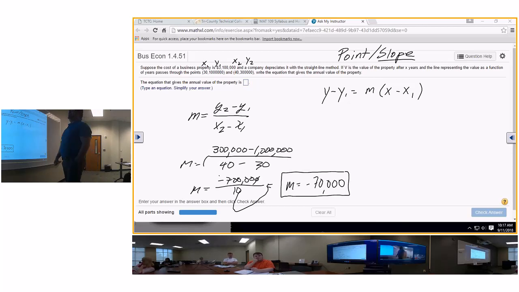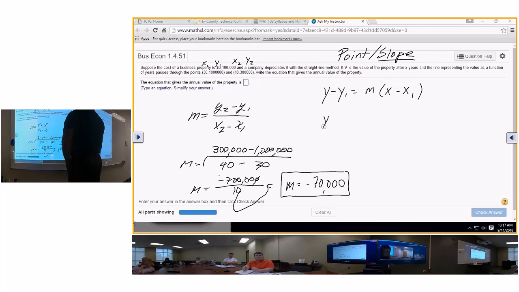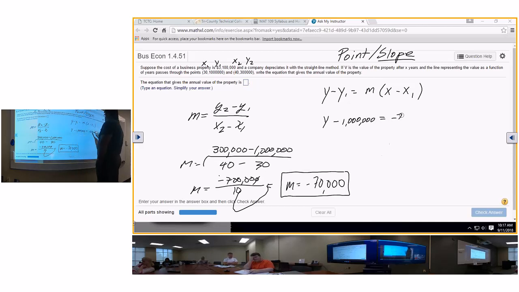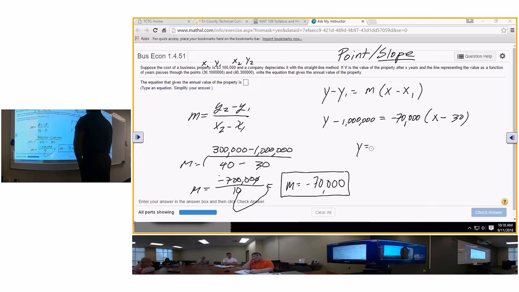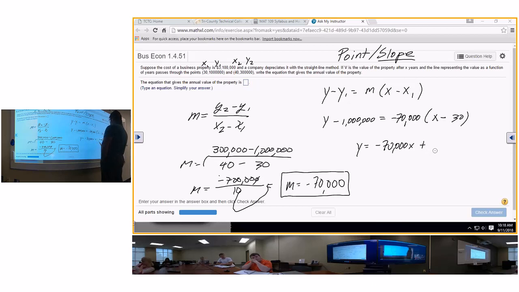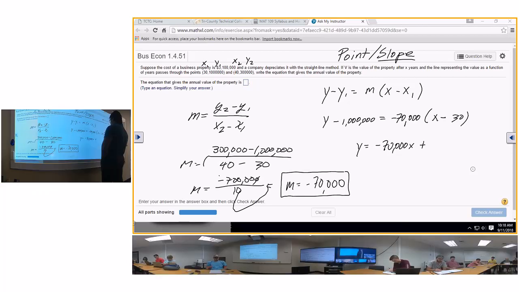So I'm going to pick the first one. y minus 1 million is equal to negative 70,000 times x minus 30. y is equal to negative 70,000x plus 70,000 times 30.